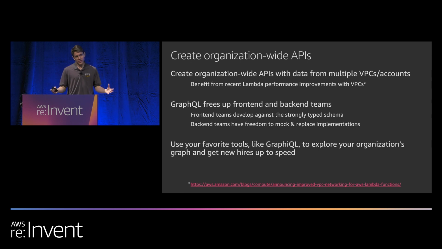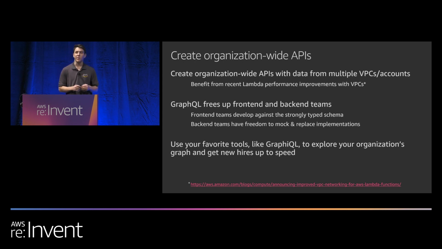So the whole point of this really is to create what I would call an organization-wide API. It's one of the things I think is very attractive to organizations that are adopting GraphQL, is that it allows you to continue down the route of having many microservices managed by many teams.